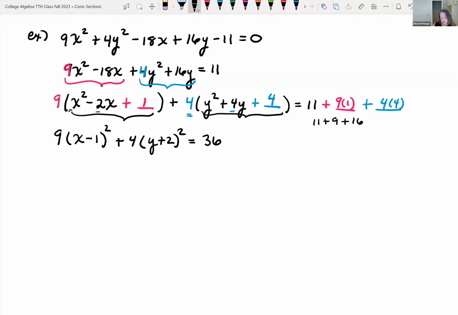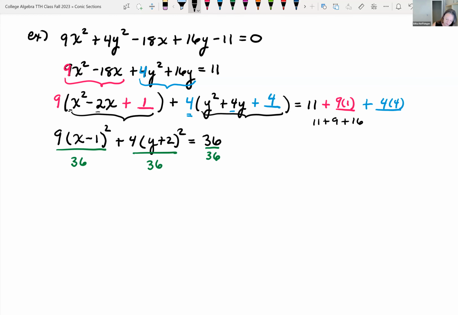These ellipses are not in standard form until they're set equal to 1. And so this is equal to 36. So to make that equal to 1, I'm going to divide each side by 36. And I'm going to put the 36 underneath each grouping of those quantity squares. And so now let's reduce.